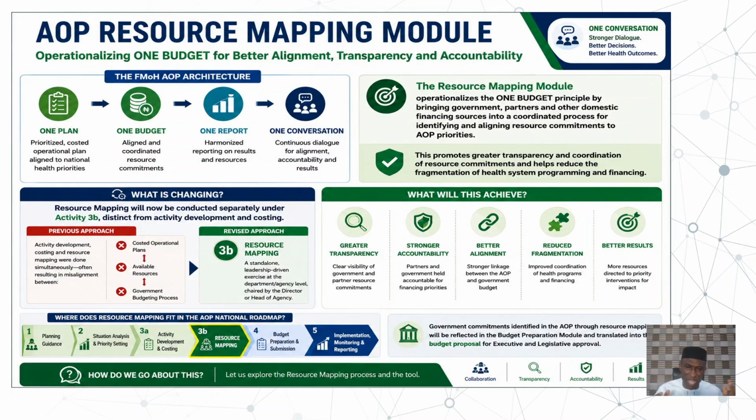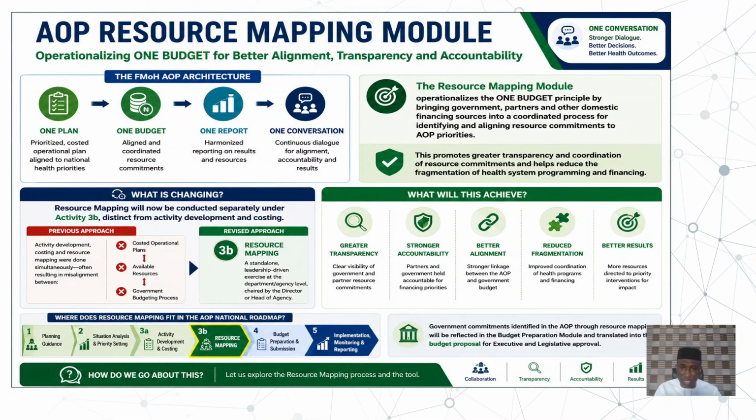If we're able to ensure that this resource mapping activity happens at the time we have completed the costing and the activity development, it will help engender greater transparency, stronger accountability, better alignment, reduce fragmentation, and better results.